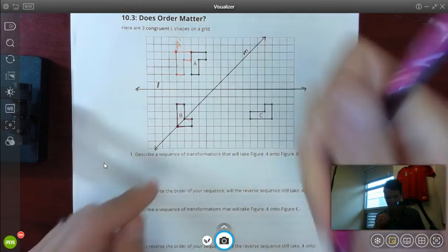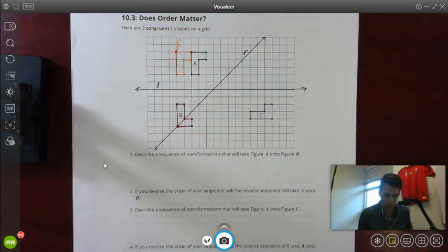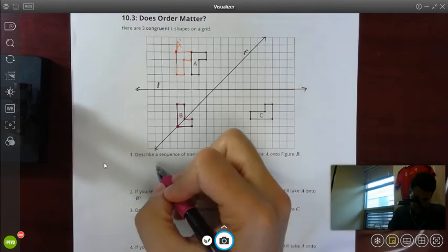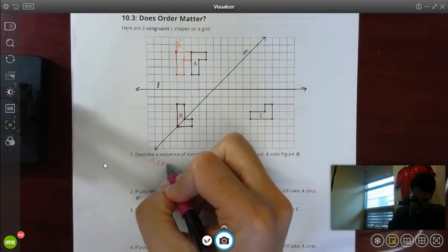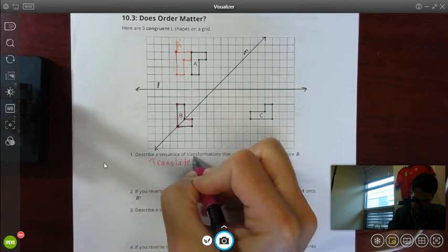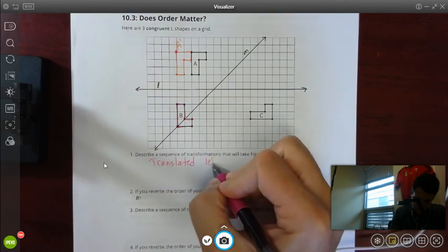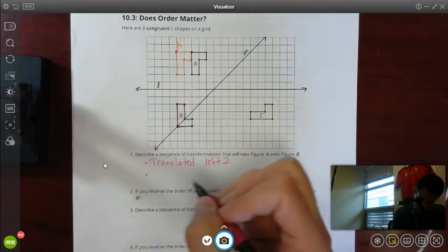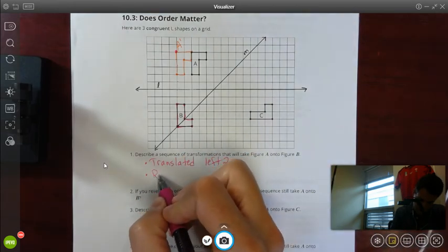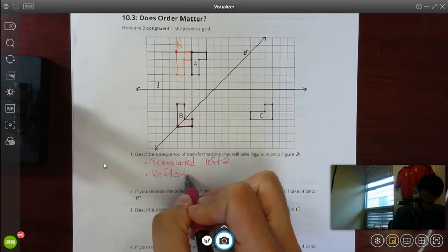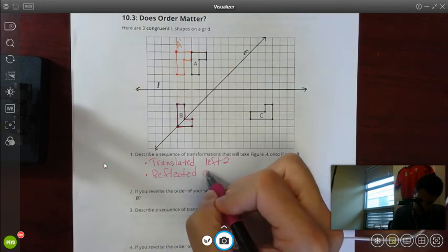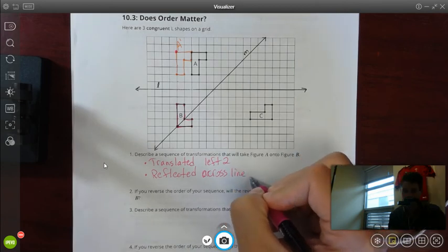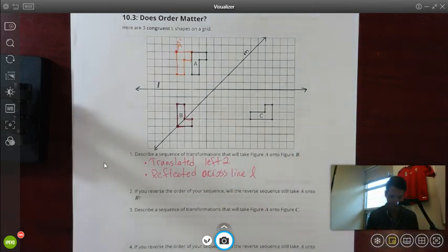And so that takes care of from A to B. We translated left 2, and then we reflected across line L. And that took us from A to B.